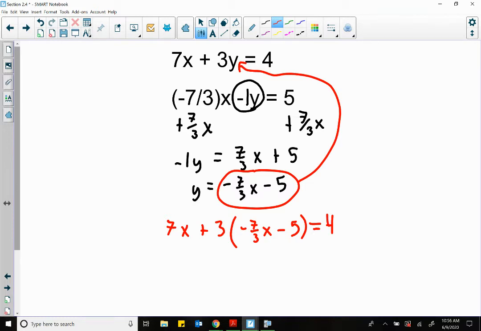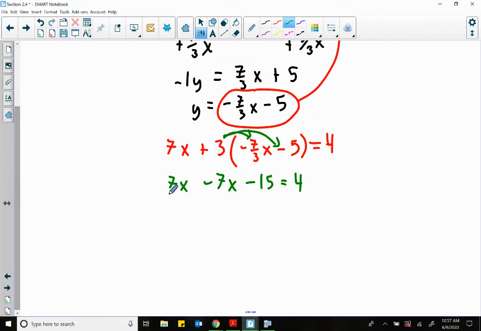There you go. And distribute. So that will give us 7x. 3 times a negative 7/3 gives us a negative 7x. I think you can already see what's kind of going to happen here. 3 times a negative 5 gives us negative 15 equal to 4.